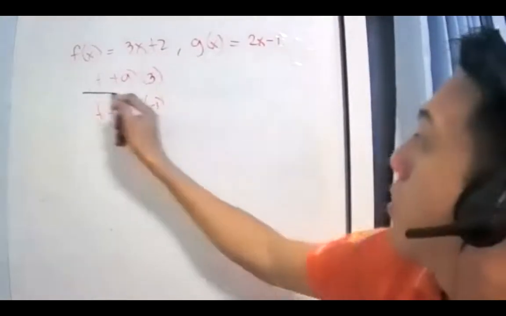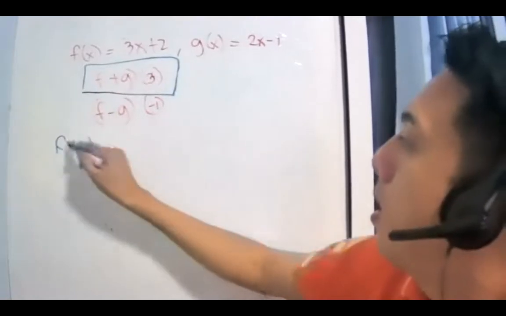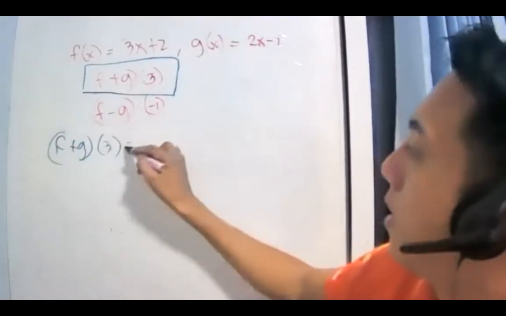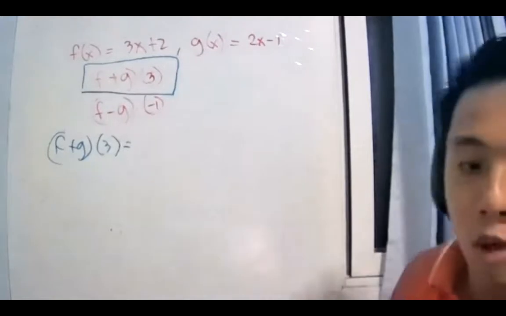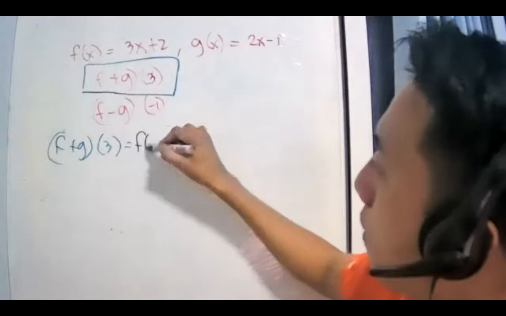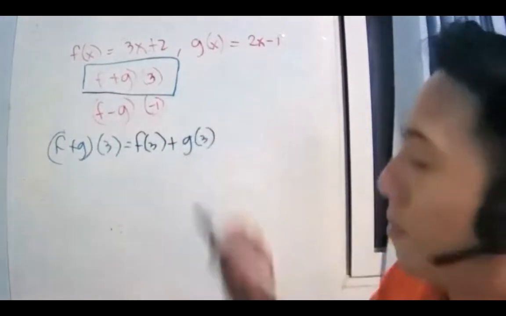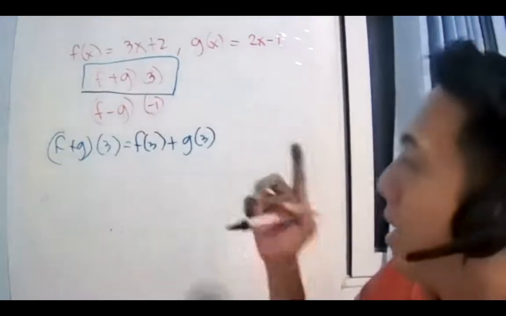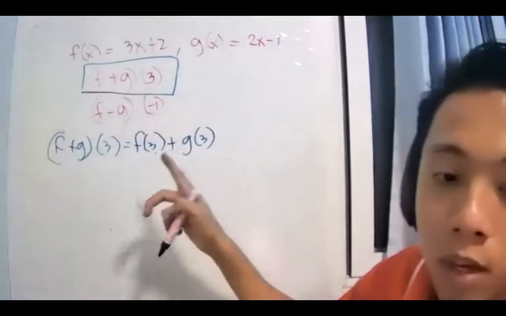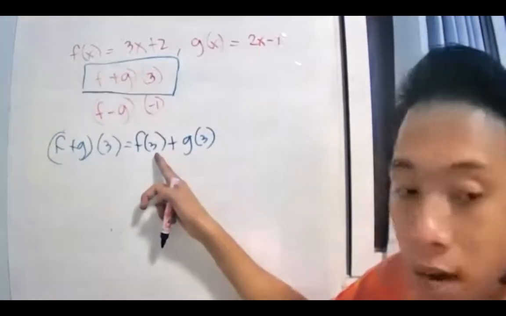Let us concentrate on this one first. We have f plus g of 3. Okay? So, ang gagawin natin dyan, I will copy this too. So, f of 3 plus g of 3. Okay? Dito na papasok yung ating evaluating of functions. Ibig sabihin, napalitan nung 3 yung x.